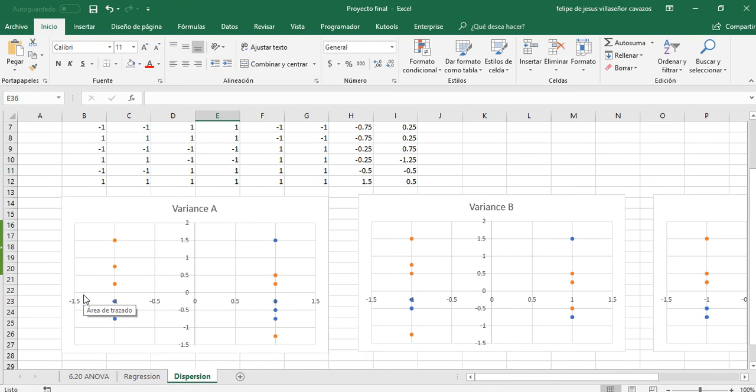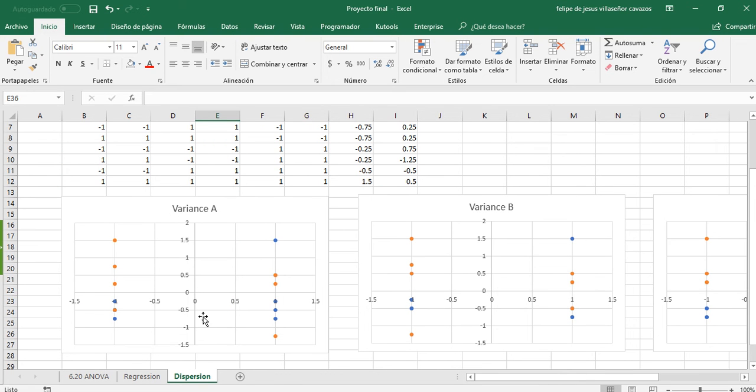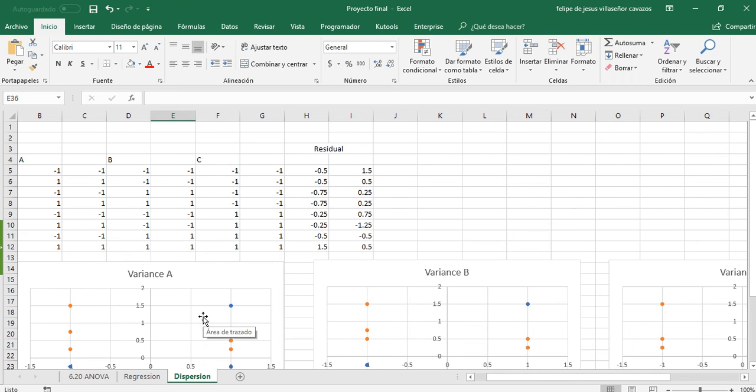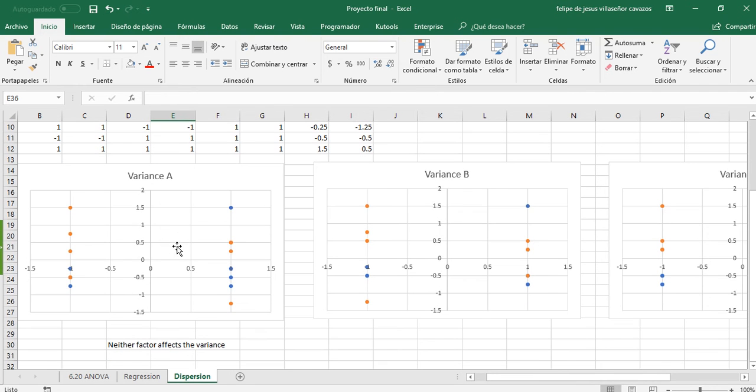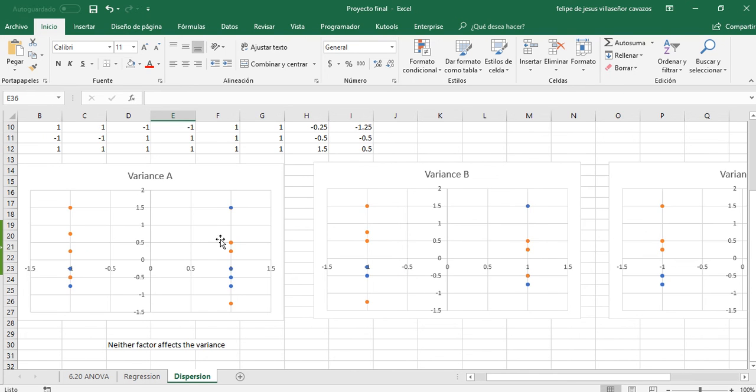So we have to analyze the variance of every factor. And also we can see here that the variance of A, the variance of B, and the variance of C, C low, C high, B high, B low, A high, A low, is almost the same.